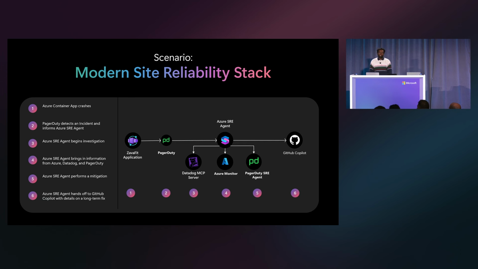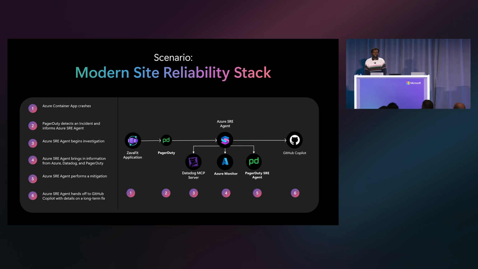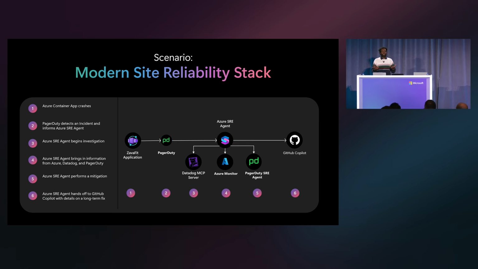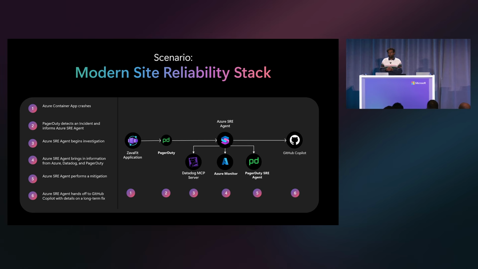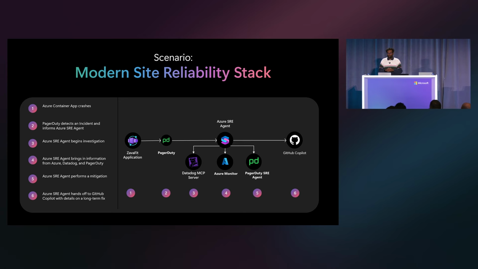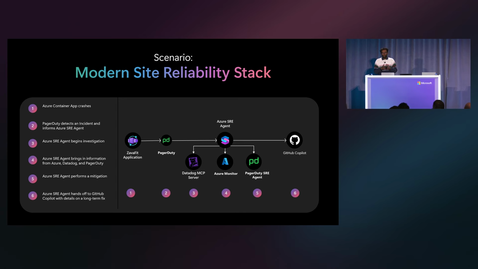Now that the incident is detected, SRE Agent will be able to begin an investigation. But to begin an investigation, we need to make sure we have logs and information from the builders. So we're going to use Datadog via Azure native integration for Datadog and the Datadog MCP server, along with Azure Monitor logs and PagerDuty SRE Agent to receive an AI-generated runbook based on prior incidents.